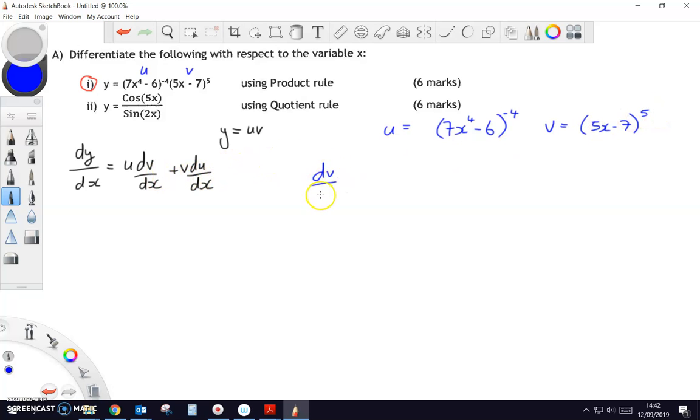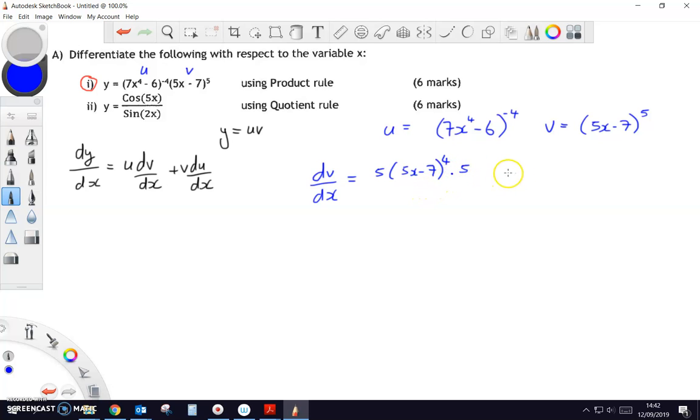dv/dx is just the first derivative of v with respect to x, so the 5 comes down in front. We keep what's inside the bracket, and that 5 reduces its power by 1, so 5 minus 1 is 4, and then we multiply that structure by the first derivative of the inside of the bracket, which is just going to be 5.